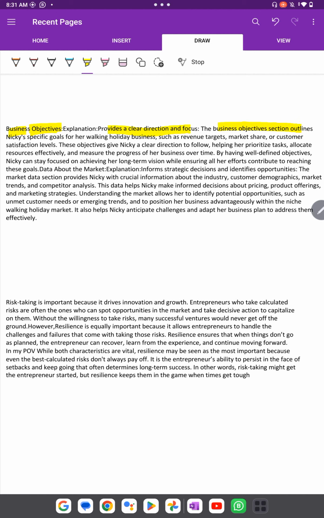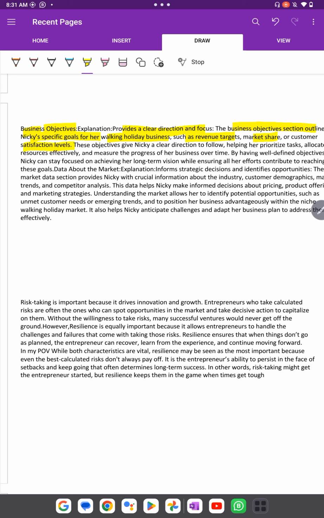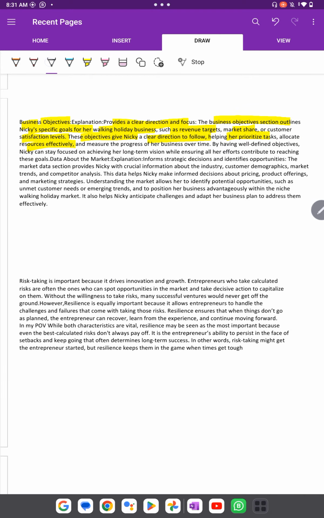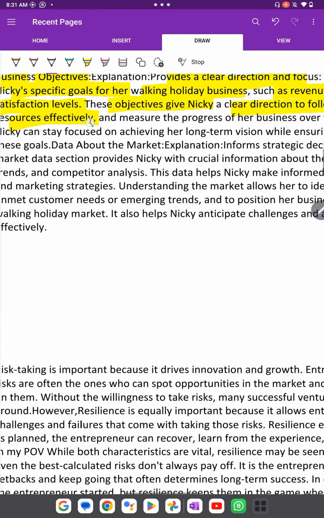The business objective section outlines Nikki's specific goals for her walking holiday business, such as revenue targets, market share, or customer satisfaction level. So these objectives give Nikki a clear direction to follow, helping her prioritize tasks, allocate resources effectively, and whatever it is. So you can just write your answer till here.